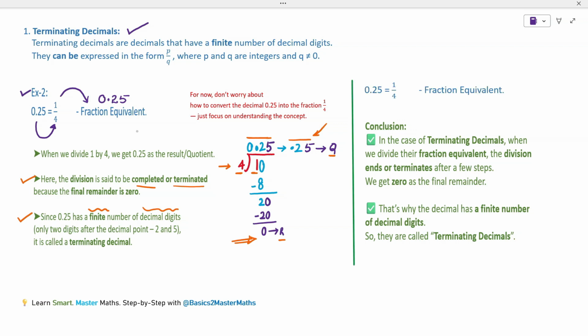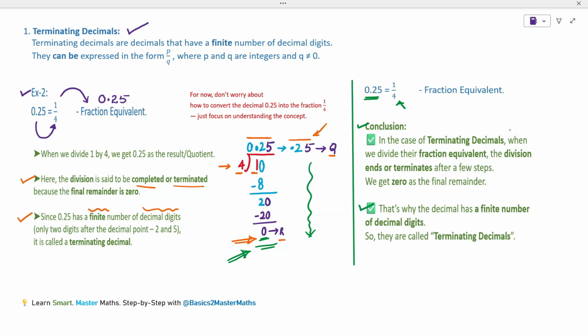So, the conclusion is, in case of terminating decimals, when we divide their fraction equivalent, the division ends or terminates after few steps, and also we get 0 as the final remainder.